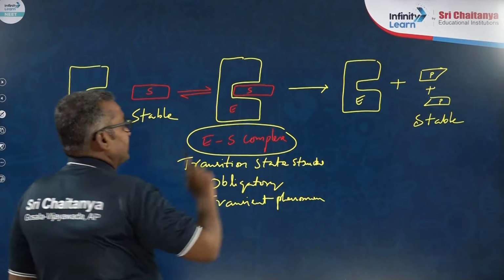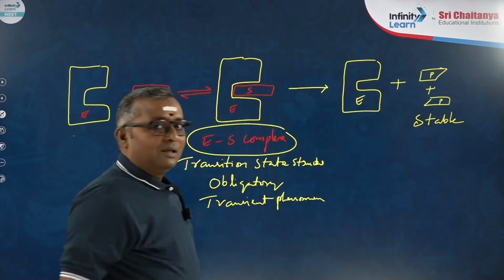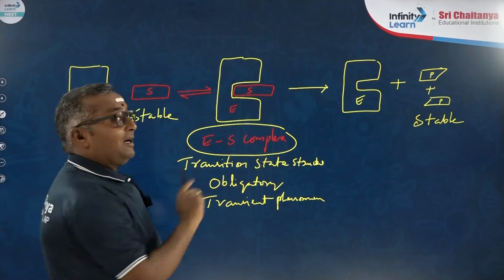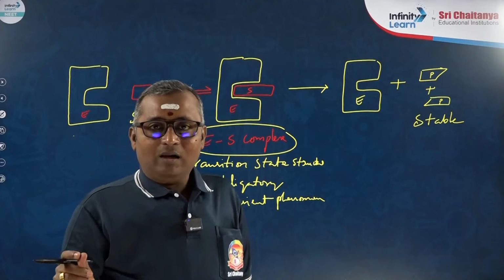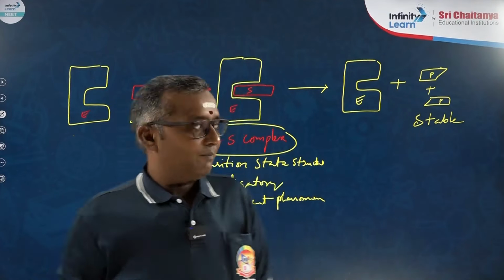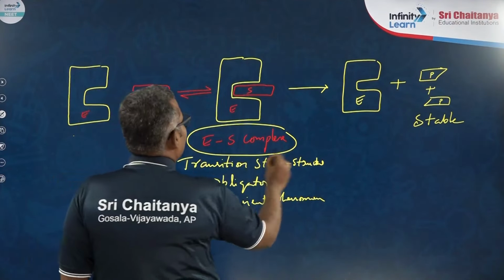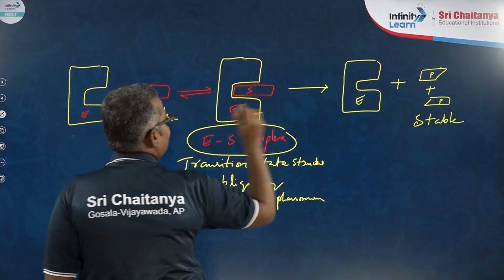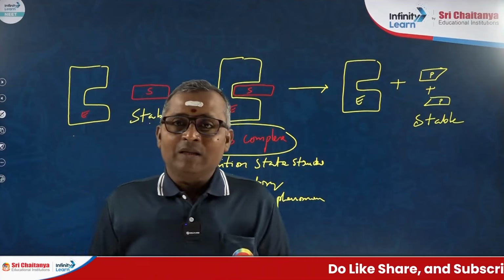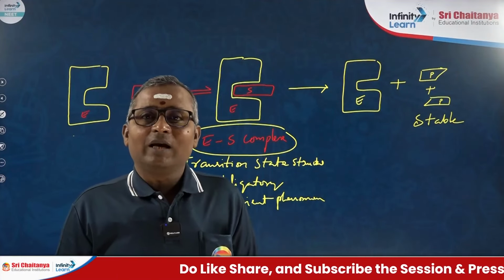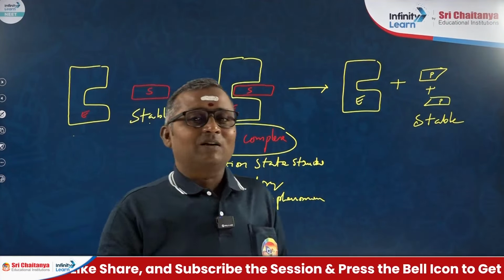Here, the word altered implies that all the intermediate states which are formed between stable substrate and stable product are unstable. So, here the stability is something related to the energy status of a compound.